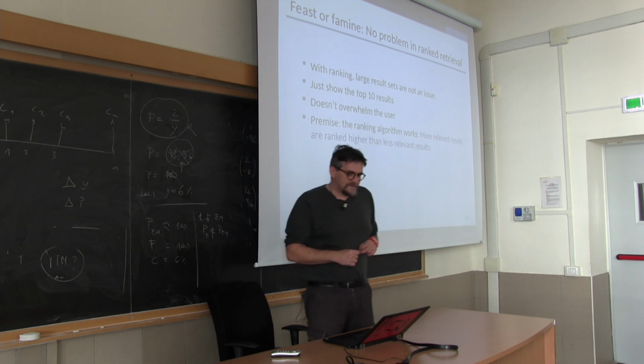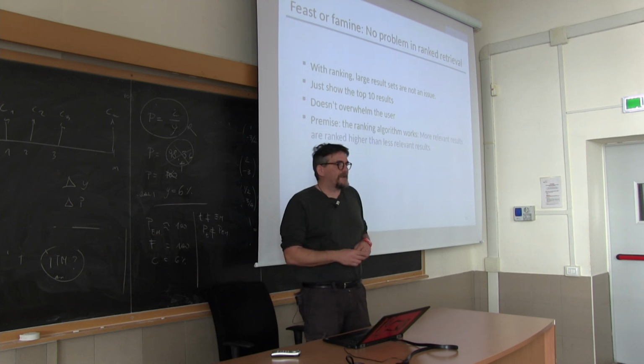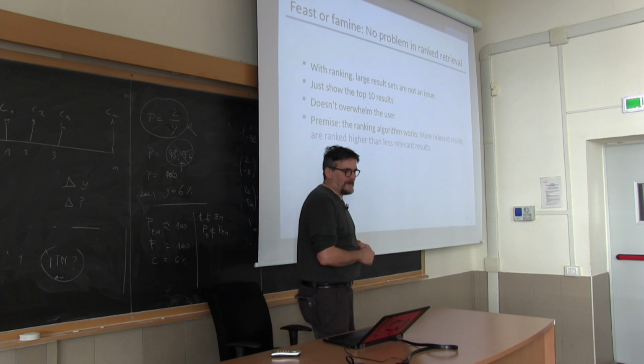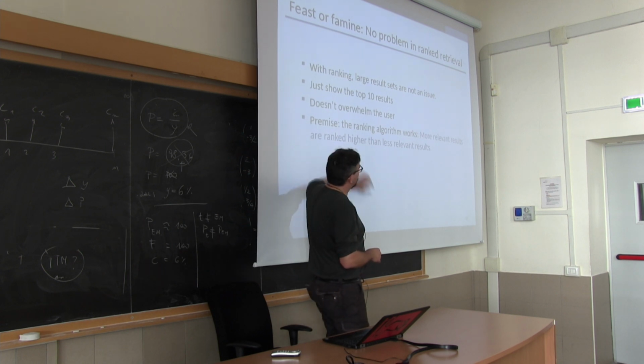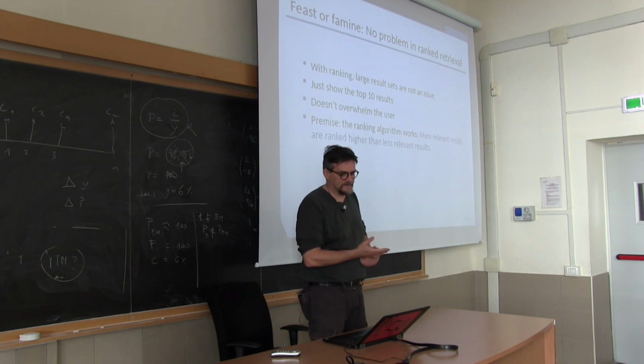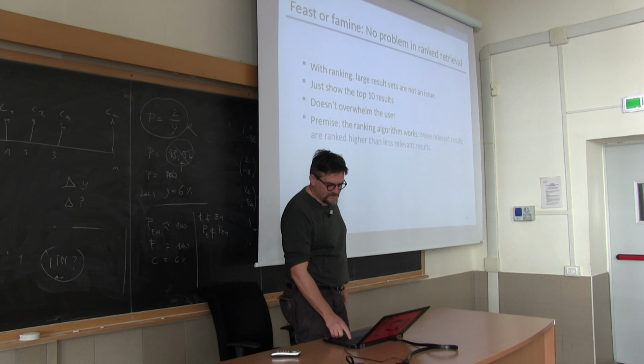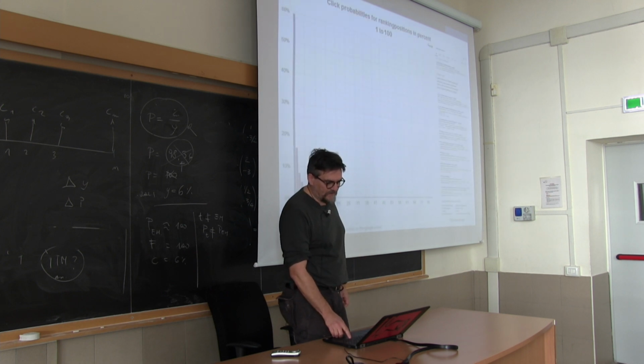The assumption is clearly that more relevant results are ranked higher than less relevant ones. Okay, this is the basic assumption, and so our goal is to design a system that can properly implement this observation.